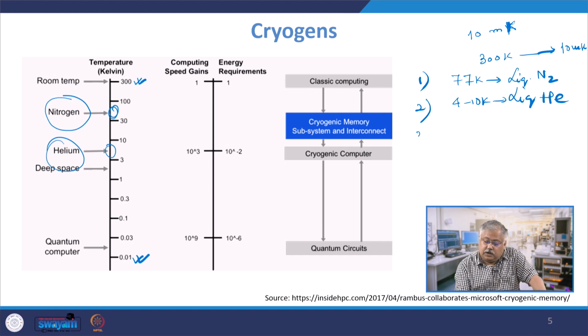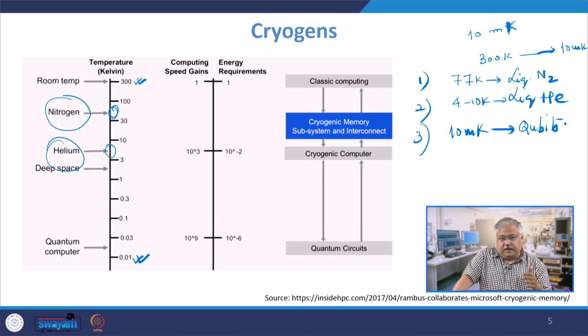So, let me write down here 10 millikelvin, you will have qubits. These are the 4 major pointers which the designer generally sees, that we first generate models for 77 K, go right down to 4 K, and then go to about 2 K, 3 K or 1 K. And so, you see there is almost a 2 order decrease here, from 1 to 1 by 100, which means 10 to the power minus 2 change.